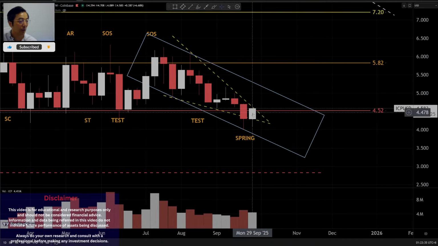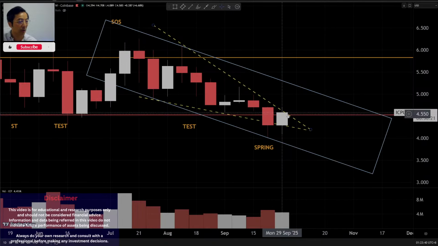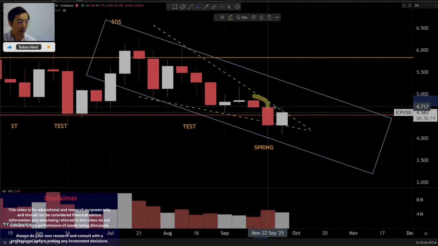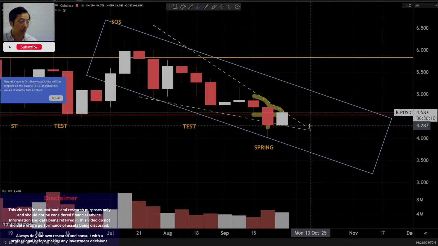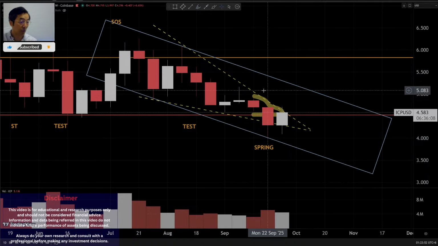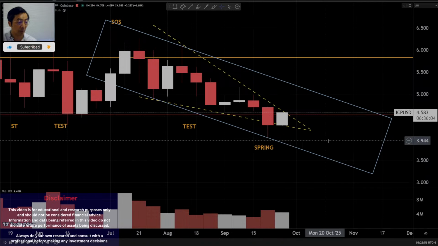What's going on here is that previously we talked about a time point by the end of September, meaning last week, and we already see the price broke below the support, and we covered that in the previous session, and we also mentioned that it has finally come down for a spring.